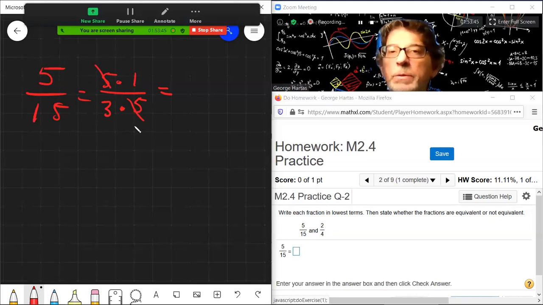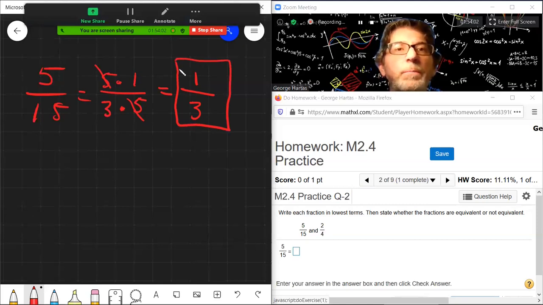And 1 times whatever's left over is whatever's left over. What is left over? Well, we got 1, right here, 1 over 3. That's what's left over. So 5/15 reduces to 1/3. That's the lowest terms for that number.